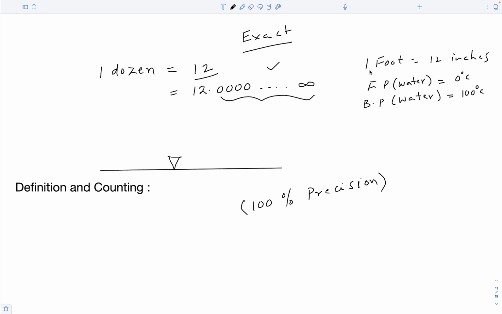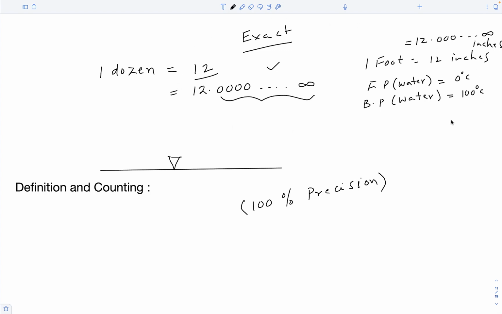Similarly, 1 foot is exactly 12 inches by definition. So sometimes we can write this as 12 with an infinite number of zeros in the decimal part. Similarly, the freezing point of water is 0 degrees centigrade exactly, and the boiling point of water is 100 degrees centigrade exactly.